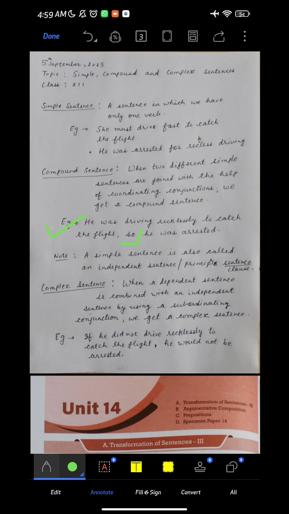This one is my coordinating conjunction, which makes it a compound sentence. I combined the two simple sentences with the help of a coordinating conjunction, and now the result is a compound sentence.